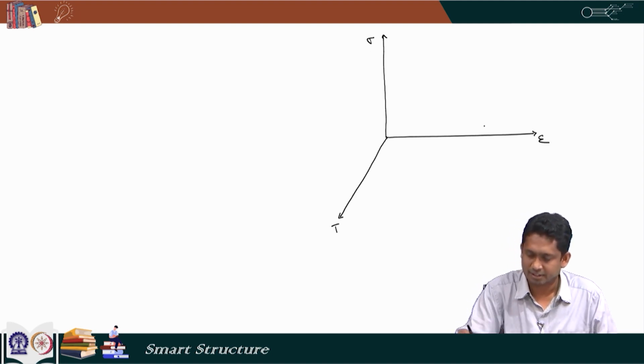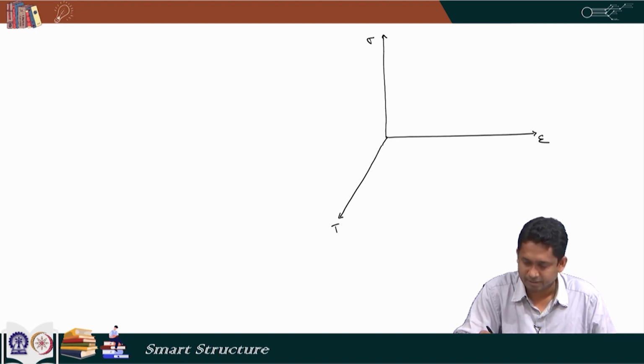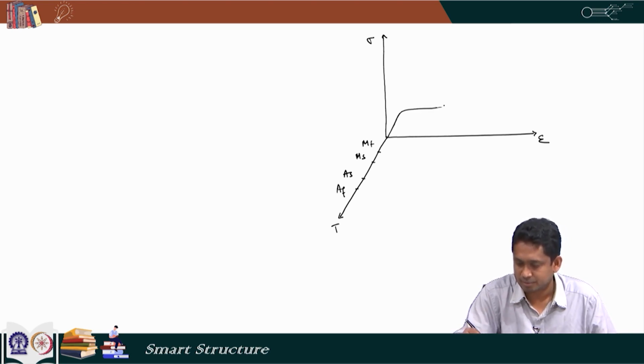So, we have stress here, strain here and temperature here, and along this line the stress is 0. So, we have martensite finish, martensite start, austenite start and austenite finish. When the temperature is below MF, we have the low temperature stress strain behavior that we drew just now, the same diagram.